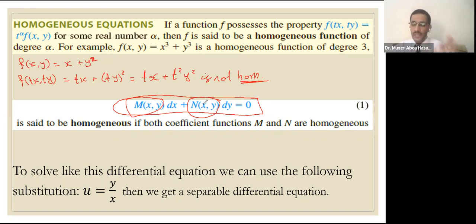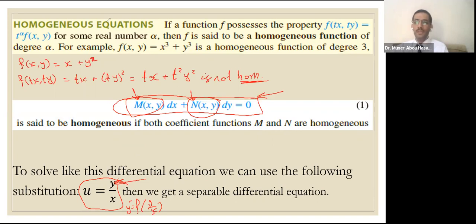So both of them are homogeneous of the same degree. So to solve this equation, you can use this substitution. This substitution can be used to solve two kinds. First one, y prime equal f of y over x, or the differential equation can be written in the differential form such that the coefficients M and N are homogeneous of the same degree.